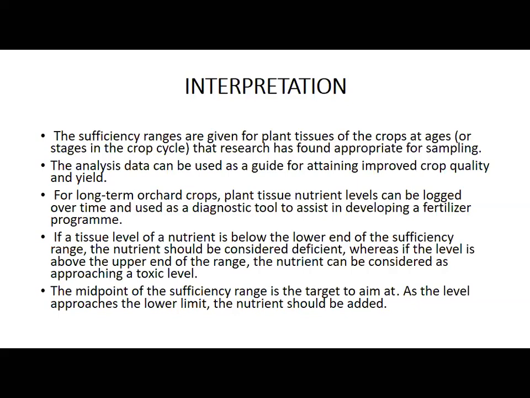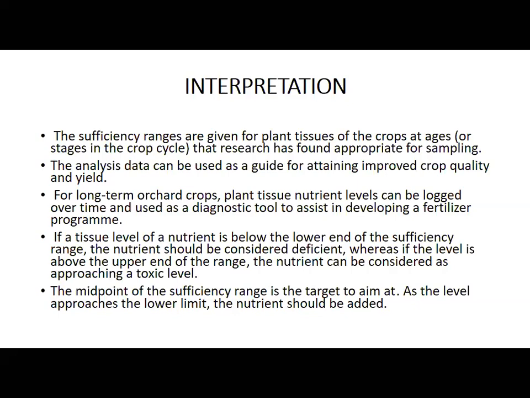For long-term orchard crops, plant tissue nutrient levels can be logged over time and used as a basic diagnostic tool to assist in developing a fertilizer program. Take an example of banana.